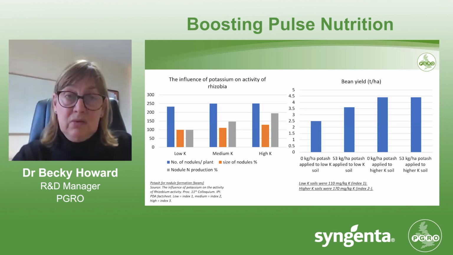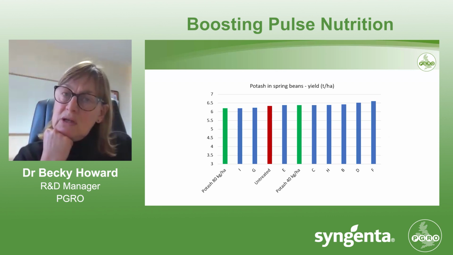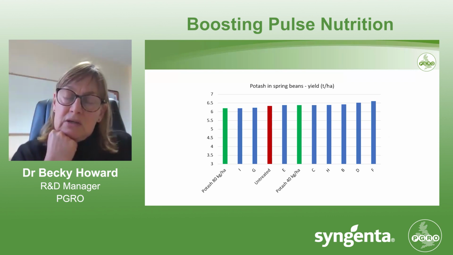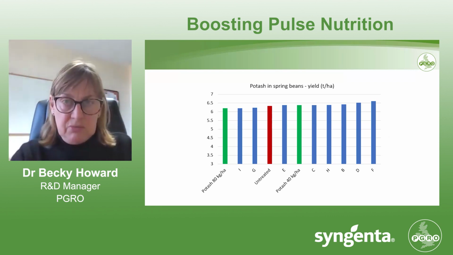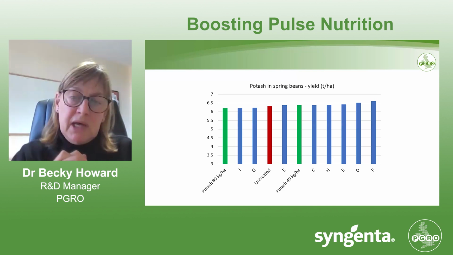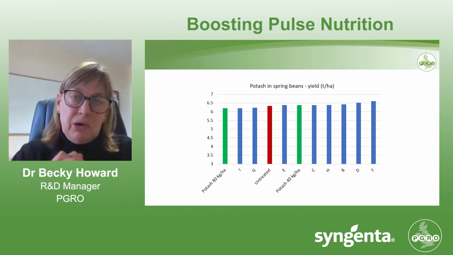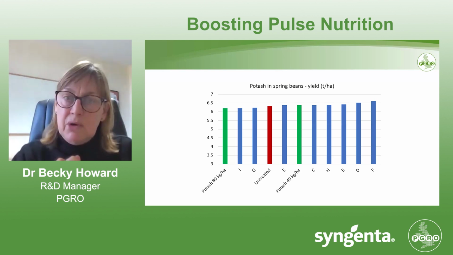And we have also found this in data that we've generated at PGRO. So we had a look at potash amongst other products that are included in this trial at 40 kilograms per hectare applied as muriate of potash, and also at 80 kilograms per hectare, compared to the untreated plot, which you can see as the red bar there.